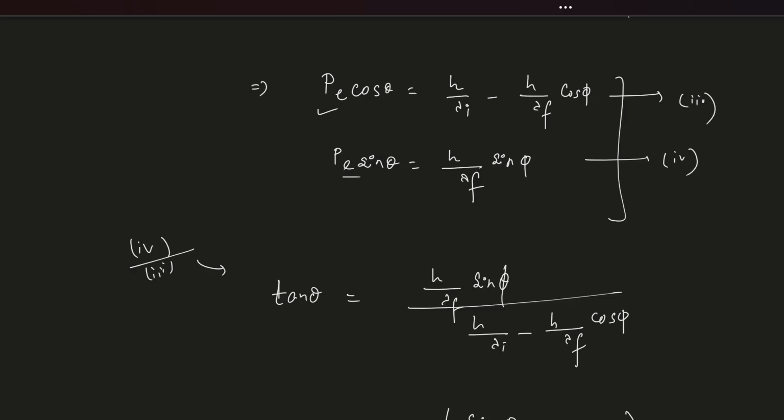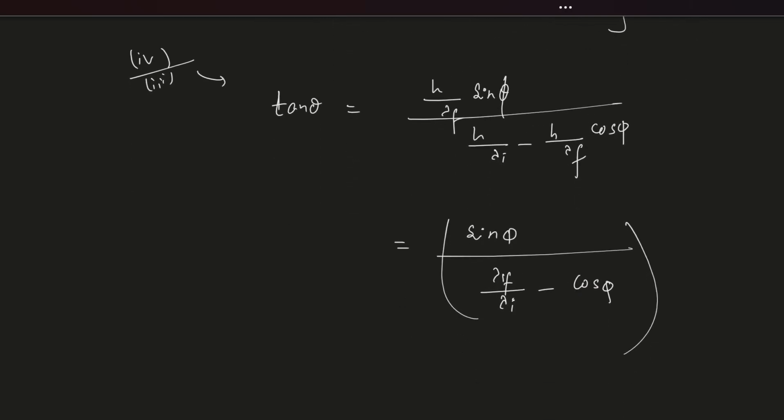Right? So now you have a relation that gives you theta, because theta is what they are asking in the question. So roughly theta is tan inverse of this, which is the final formula for theta. I could have directly written down the formula itself, but it is not possible to memorize all the formulas like this.